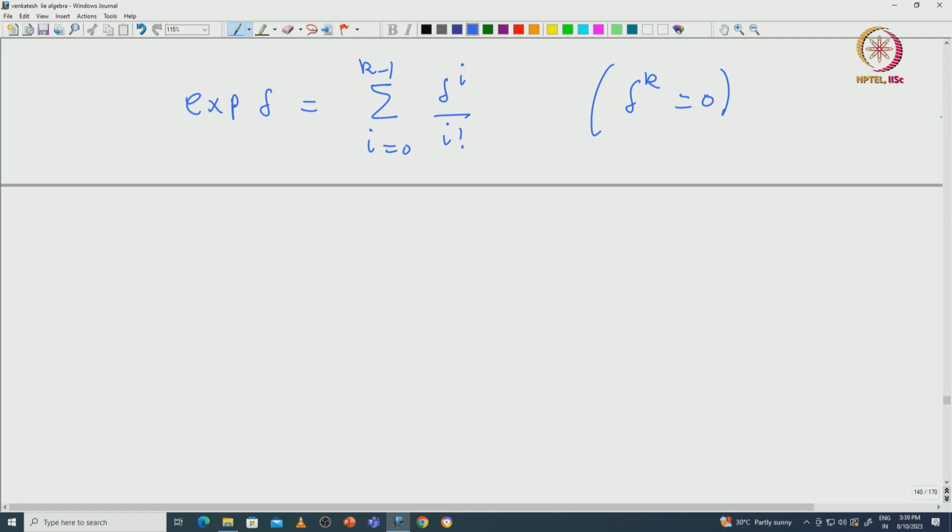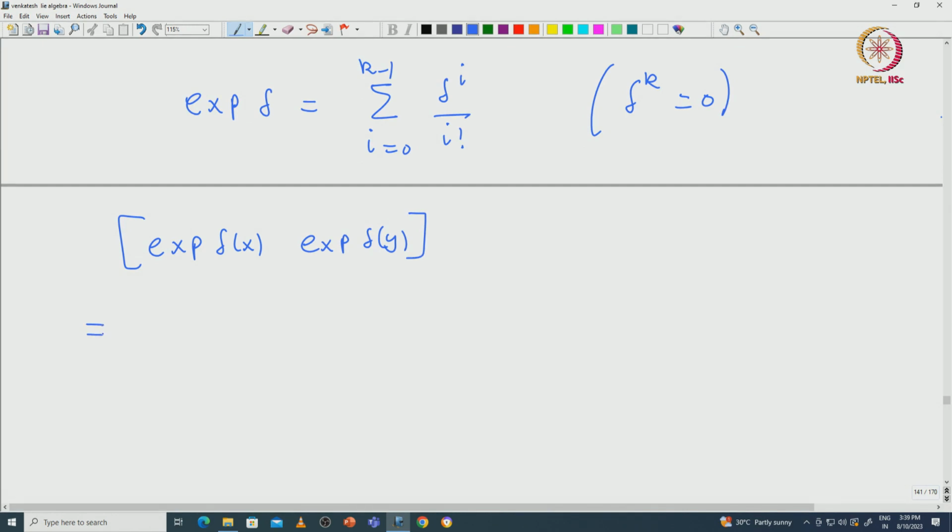Now let us compute what happens if you take the bracket of exponential of delta x with exponential of delta y.